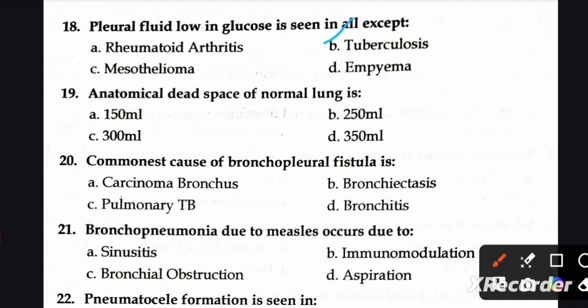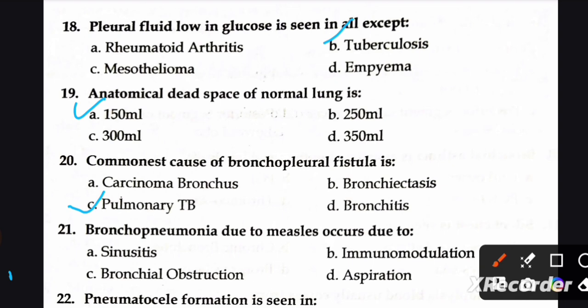Next question is: anatomical dead space of normal lung is A. 150 ml, B. 250 ml, C. 300 ml, and D. 350 ml. Right option is A. 150 ml. Next question is: commonest cause of bronchopleural fistula is A. carcinoma bronchus, B. bronchiectasis, C. pulmonary TB, and D. bronchitis. The right option is C. pulmonary TB.